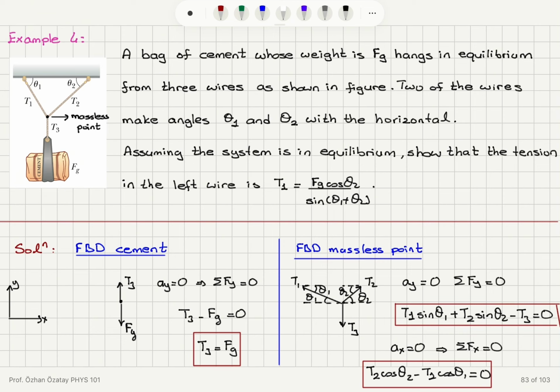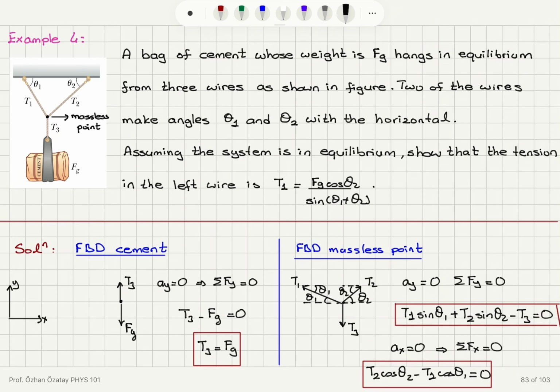The free body diagram of the cement gave us T3 equals Fg. The free body diagram of the joint gave us no acceleration on the y-axis, T1 sine theta 1 plus T2 sine theta 2, y components, minus T3 equals 0.